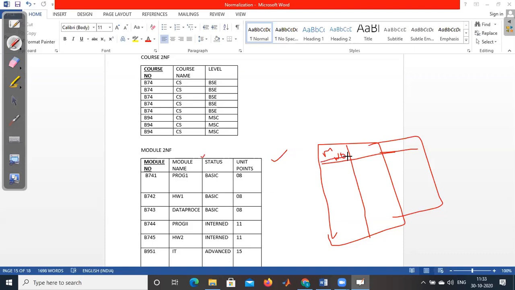Module number is the primary key here. Next module name. Module name and status.